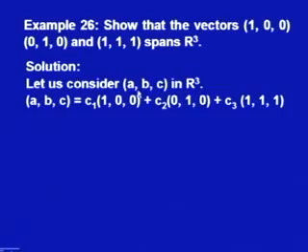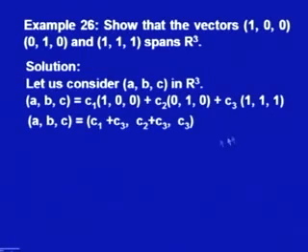So let us consider any arbitrary vector (a, b, c) in R3. It can be expressed as a linear combination of these three vectors: c1 (1, 0, 0) plus c2 (0, 1, 0) plus c3 (1, 1, 1). Let us simplify it. This comes out to be c1 plus c3 as the first component, c2 plus c3 as the second component, and c3 as the third component.